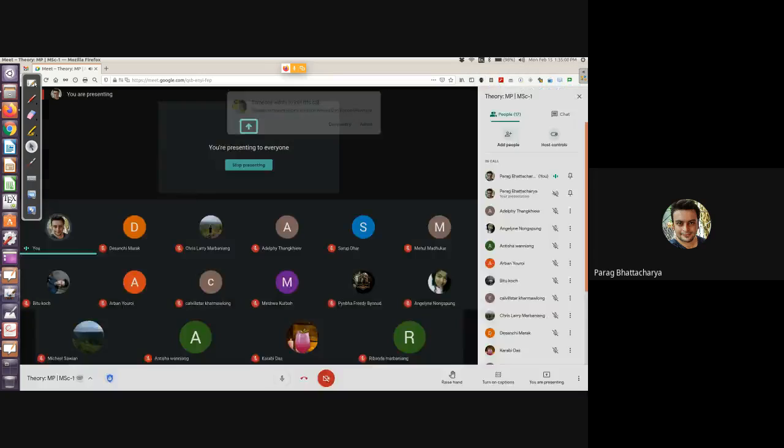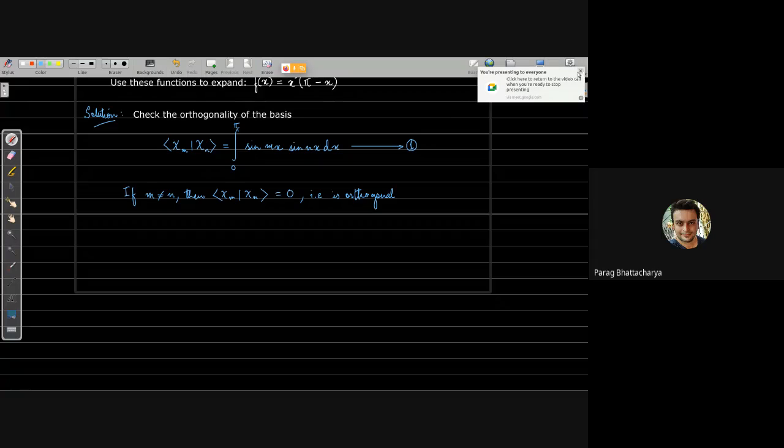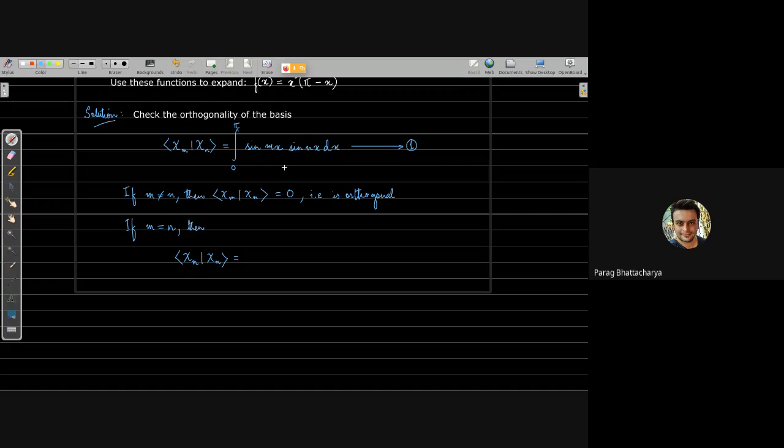Now let us check what will happen if m is equal to n. Then the scalar product of chi n with chi n, since m and n are the same, we have sine square.